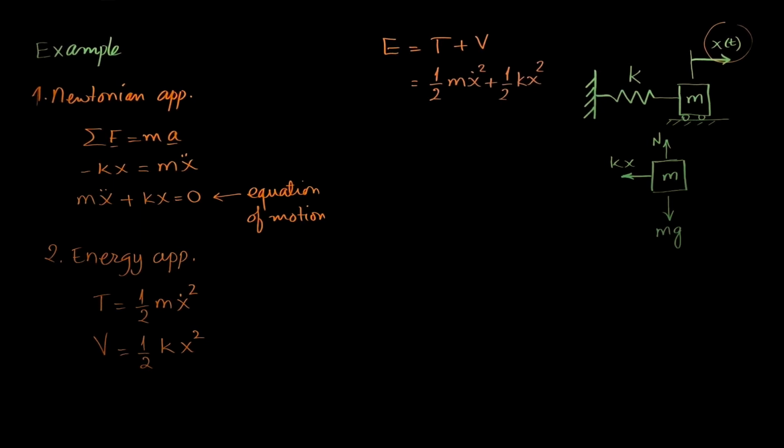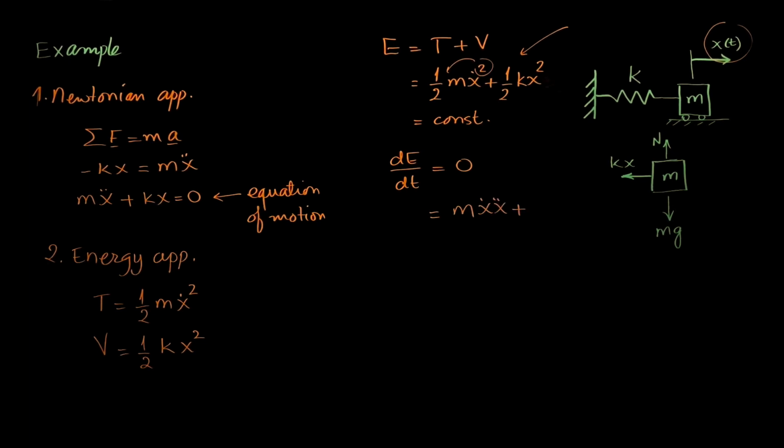Now this is constant, okay? So if I take the time derivative of this constant, I will end up with 0. So dE/dt is 0. And let's differentiate these energy terms. So for the derivative of the first term, the 2 cancels the half, so m x dot, and then the derivative of x dot is x double dot.